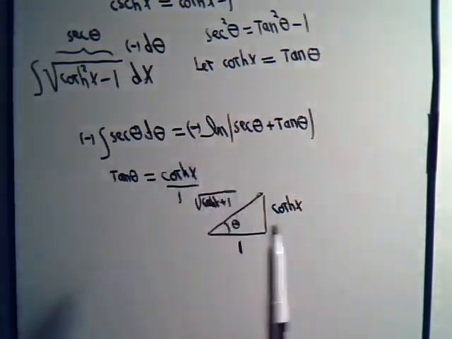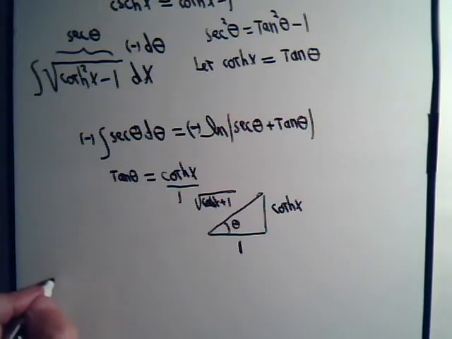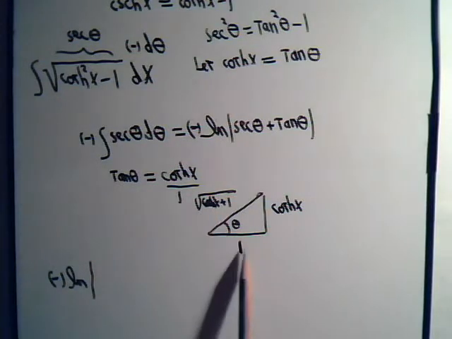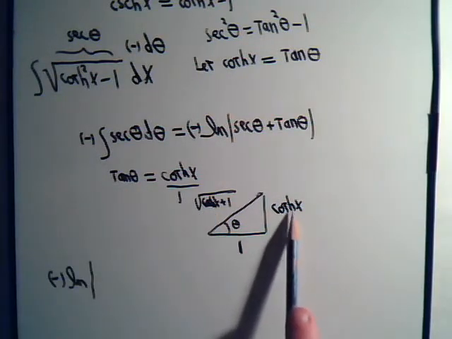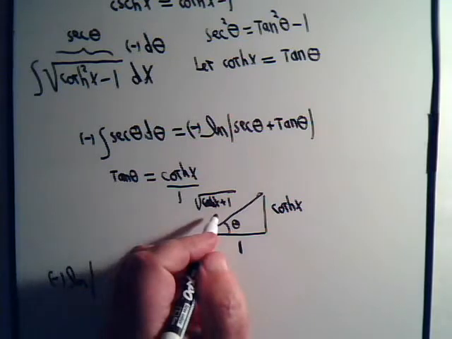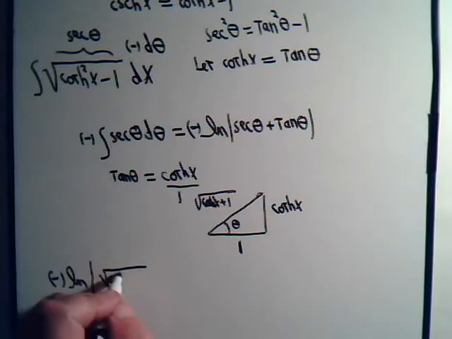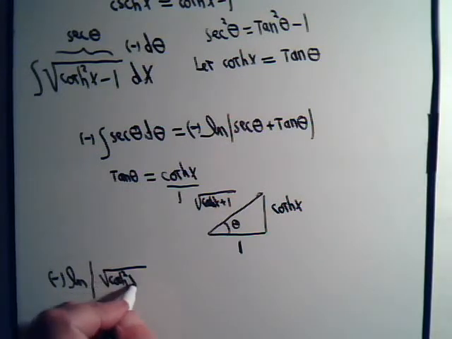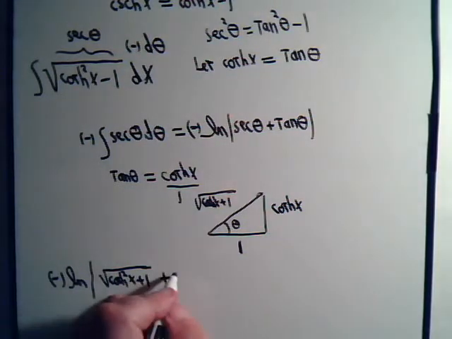So now we go back to here and we can express our thetas in terms of the variable x by using a triangle. So let's see, we have minus the natural log of the secant of theta. That's the hypotenuse divided by 1, so it's just going to be this. And the tangent of theta, that's just the hyperbolic cotangent of x. So this will be equal to the square root of the hyperbolic cotangent squared of x plus 1 plus the hyperbolic cotangent of x.